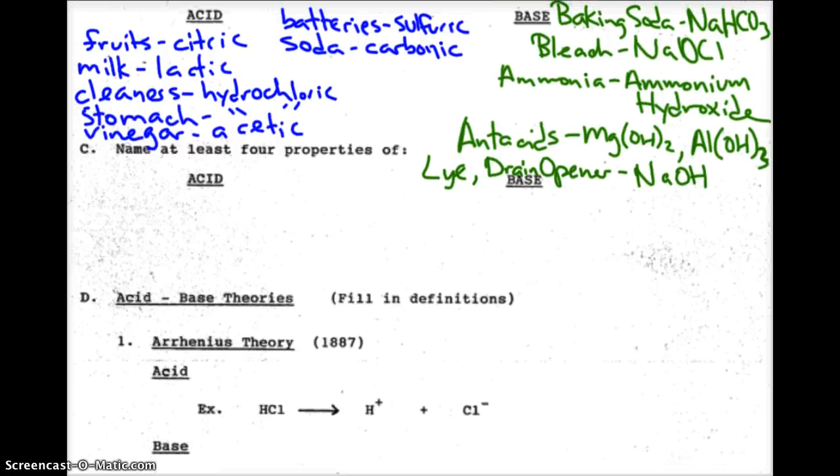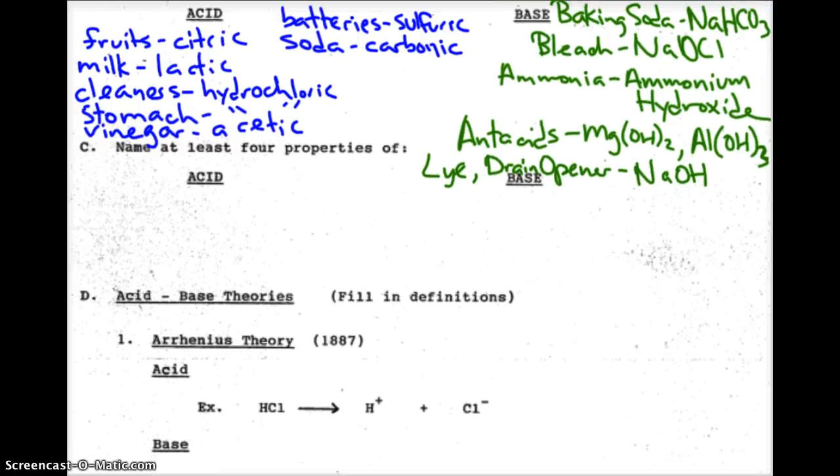What we know about these acids, thinking about their properties, depends on the concentration as well. But properties of acids: we know they are caustic to skin. They are corrosive to metals.